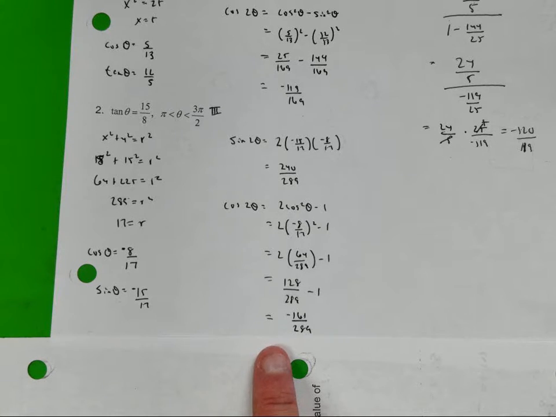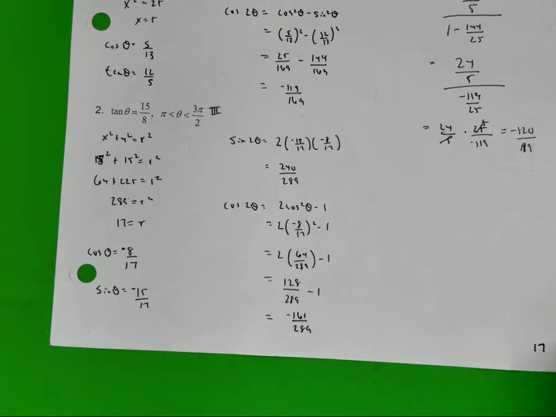Negative 161 over 289. Are there any questions on the double angle for cosine? Like I said, the first part is the most crucial part, establishing the values for all those. Okay, let's do tangent.